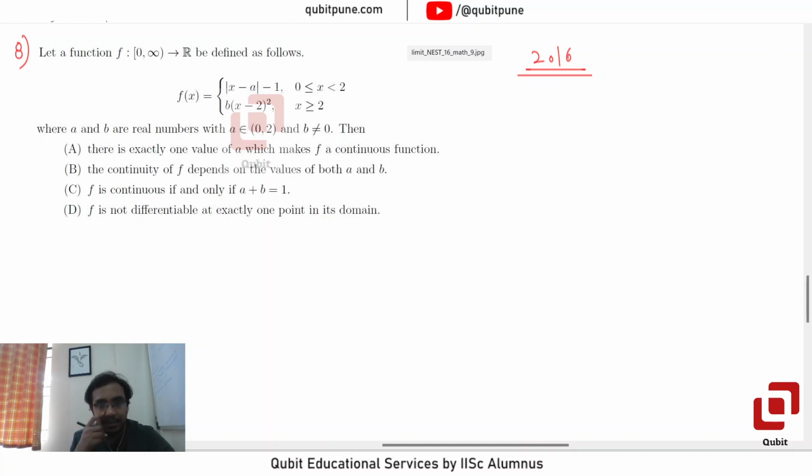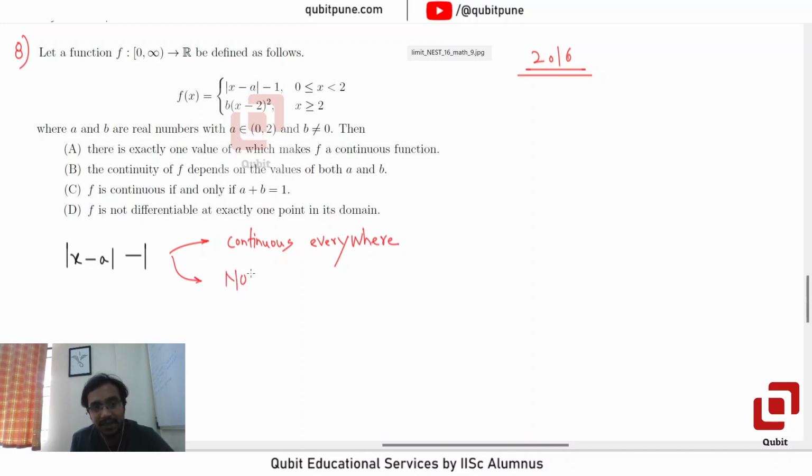And okay, look, whatever may be the value of a, mod x minus a minus 1, we can definitely come up with 2 points. First, it is continuous everywhere. Okay. Is it differentiable everywhere?